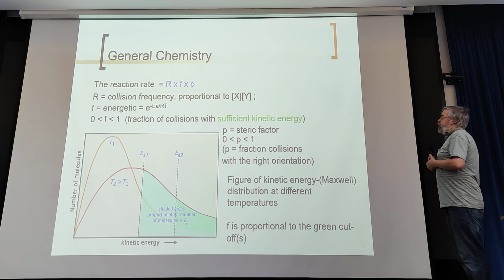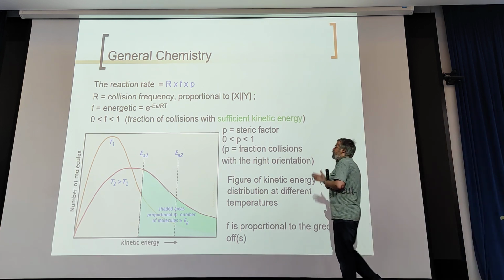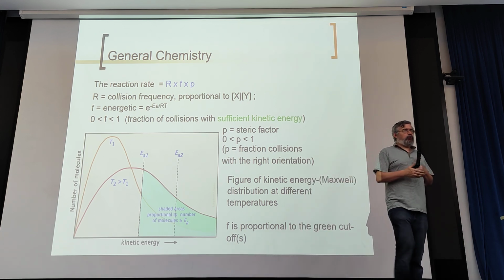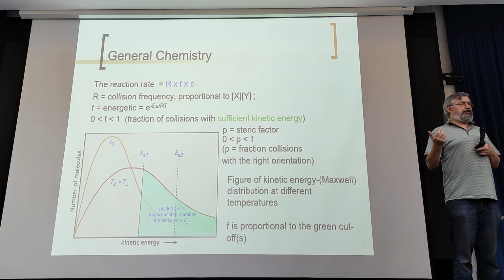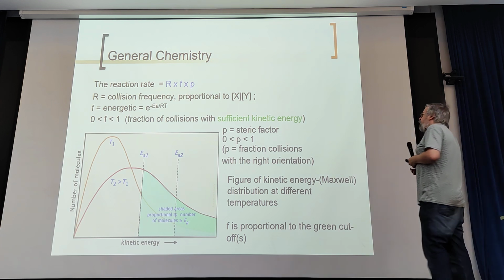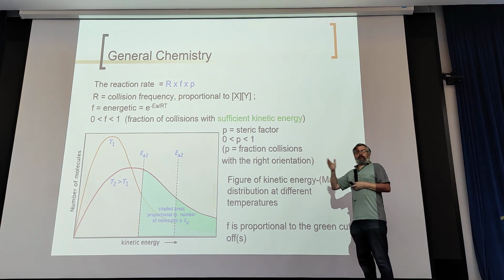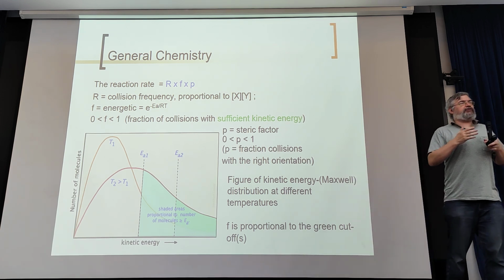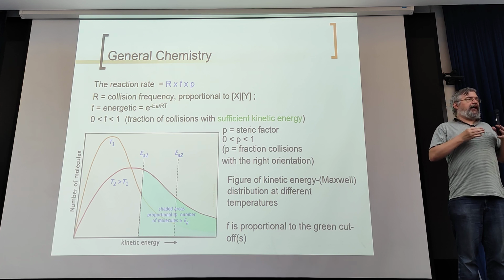Then there's a third factor. This factor, just like the energetic factor, is something between 0 and 1. Of course, we would like to have it as close to 1 as possible, because that means high rate. The steric factor means the particles have enough energy, but they're not exactly at the right angle.